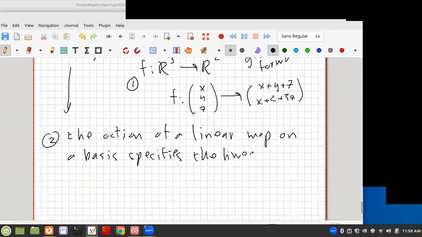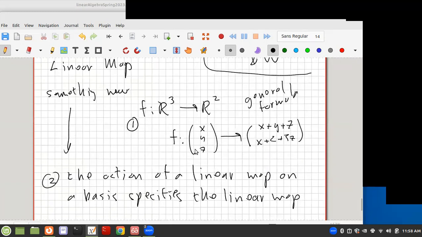What this means is, if I give you the action of F on a basis of R3, you can reconstruct this map here.